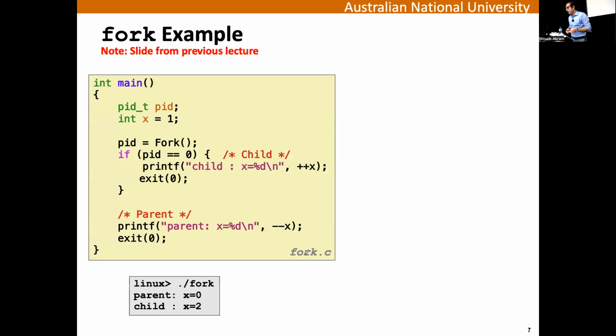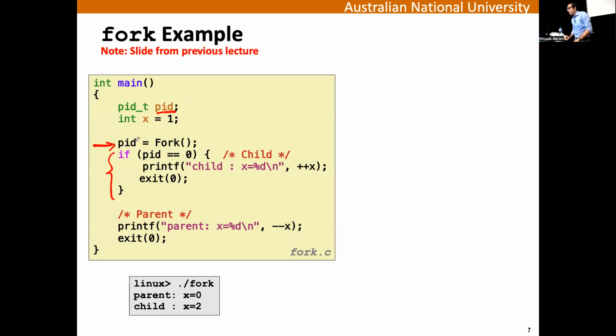We were looking at fork. Every time there's a fork, this is a variable PID. Whenever we call fork here, there are two processes now in the system, the parent process and the child process. Fork is kind of special. It is called once and it returns twice.